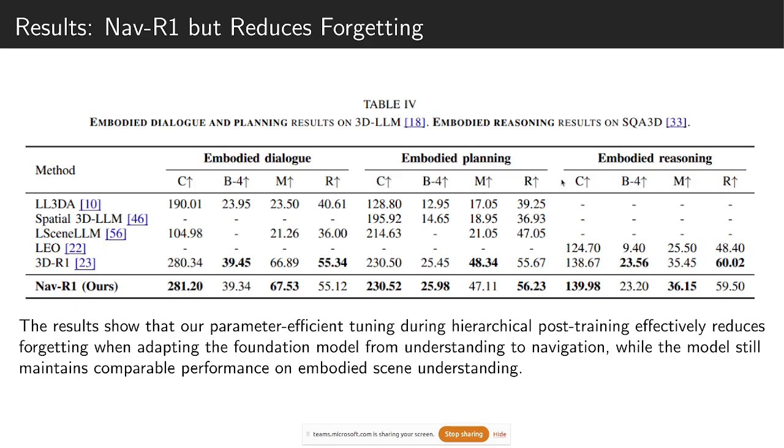Well, that's what we don't want. So I'm not a big fan of understanding only, or of navigation only. We just want a system that can handle both in a thorough way. So we further evaluated our NavR1, and it shows that it doesn't sacrifice or trade off too much capability of understanding. It can still perform somewhat. It still makes sense, right? A certain level of understanding.